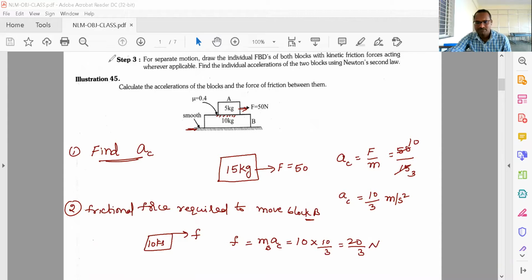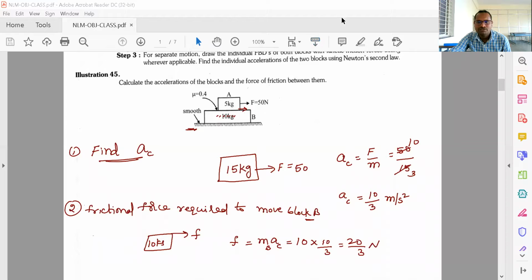Clear? Now, the actual frictional force, how much do you find? Let us find the actual frictional force. Here, place is not there, so I'll write it down here. Actual frictional force.